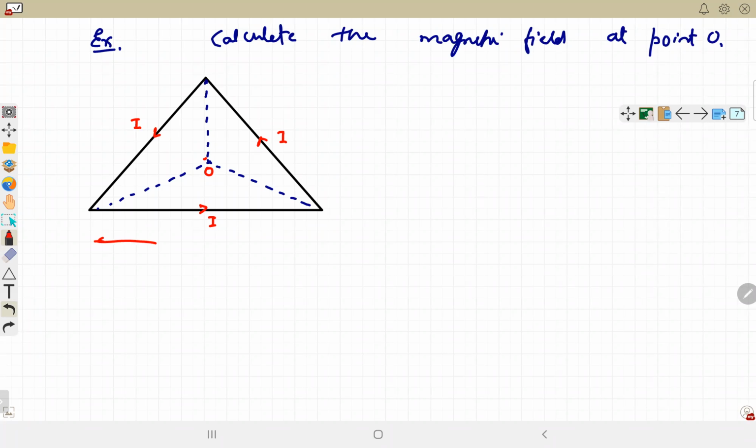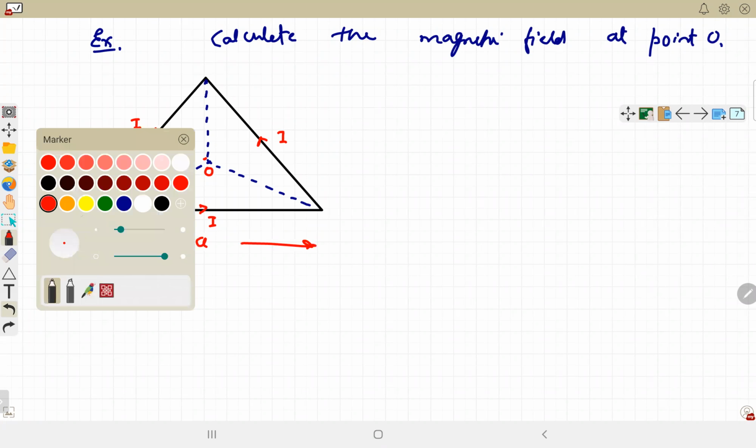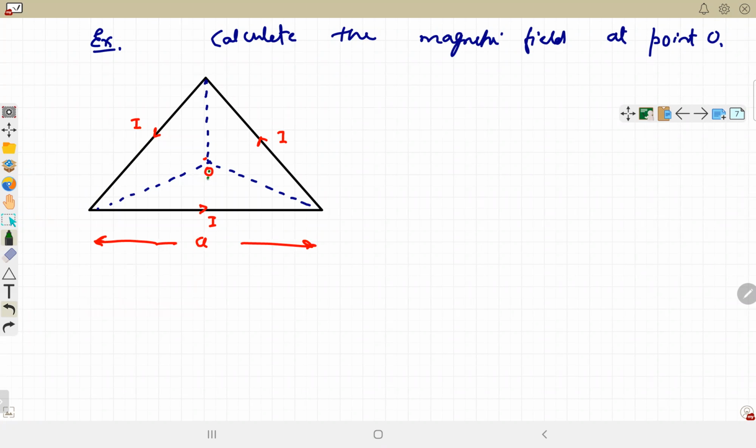Yes, try. So is the line joining the vertex with centroid also the angle bisector? Yes, this will be angle bisector. So basically, if we calculate for each wire, we have to find this perpendicular distance and we have to find these two angles alpha and beta. For each wire, magnetic field will be mu naught I by 4 pi R times sine alpha plus sine beta, and there are such 3 wires.